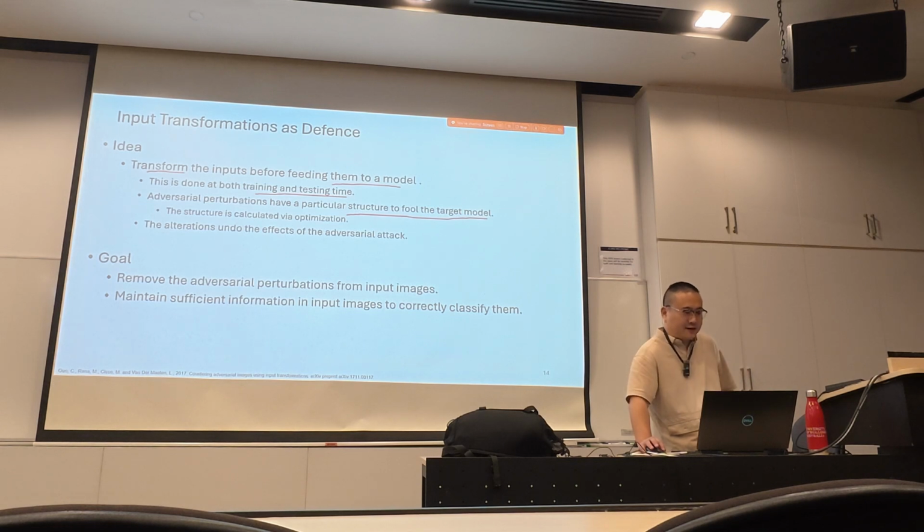For this kind of defense, the goal is to remove the adversarial perturbations from input images. At the same time, we still need to maintain sufficient information in the input image to correctly classify it, because we don't want to just destroy the image, otherwise even though we defeat the adversarial samples, we still destroy the performance of the model.